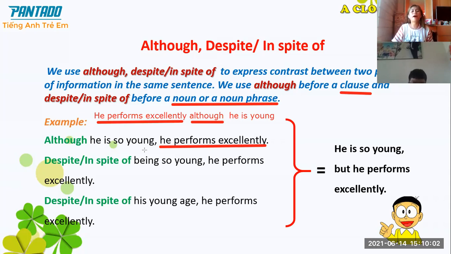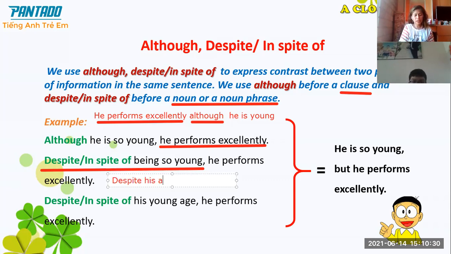Another, despite. The same, it expresses contrast. Despite or in spite of being so young, he performs excellently. The same thing happened, you can still see the contrast. Despite his age, it could probably be like this.